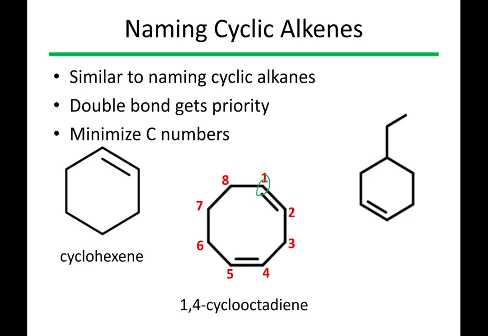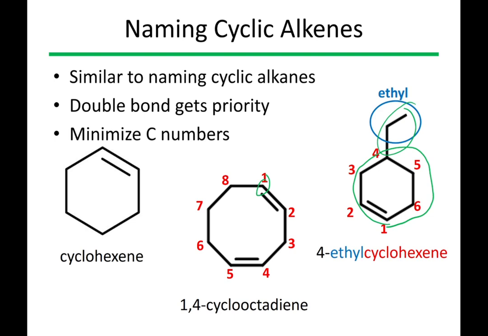For this compound, again, we'd have to see where the double bond is. It's in the ring, so we'll name the ring structure here. So this is going to be a hexene, and then we have to point out the functional group, and we want to minimize the position of the double bond. So here we would call this a 4-ethyl cyclohexene.